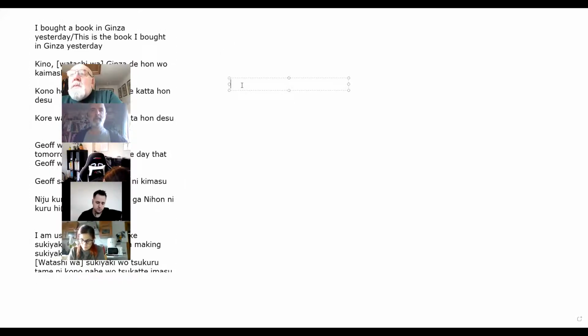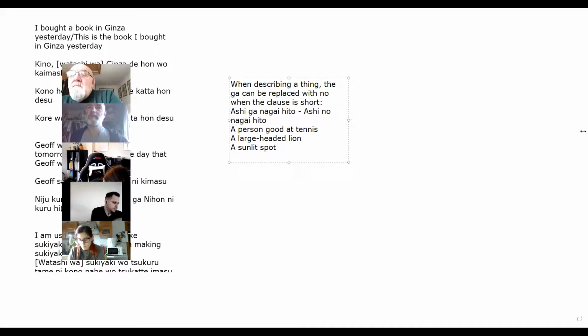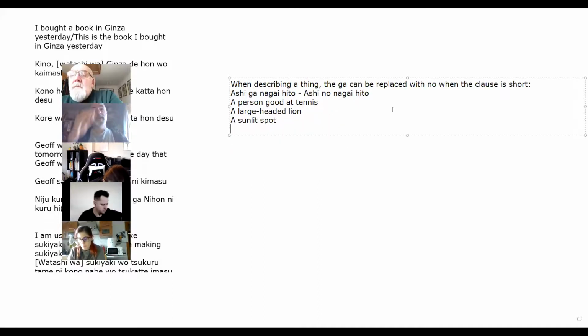Okay, this is a kind of added bit of grammar and vocabulary. As well as using verbs to describe things, we can use adjectives. But sometimes, for example, let me just stop sharing this for a second.